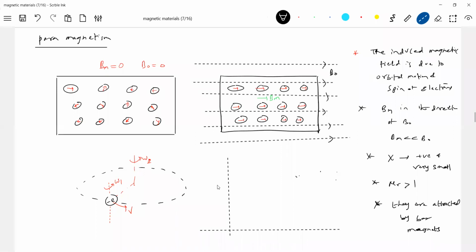If you vary the temperature, anything will happen to the atoms. I think it's a little bit of chemistry, that's why I'm asking.